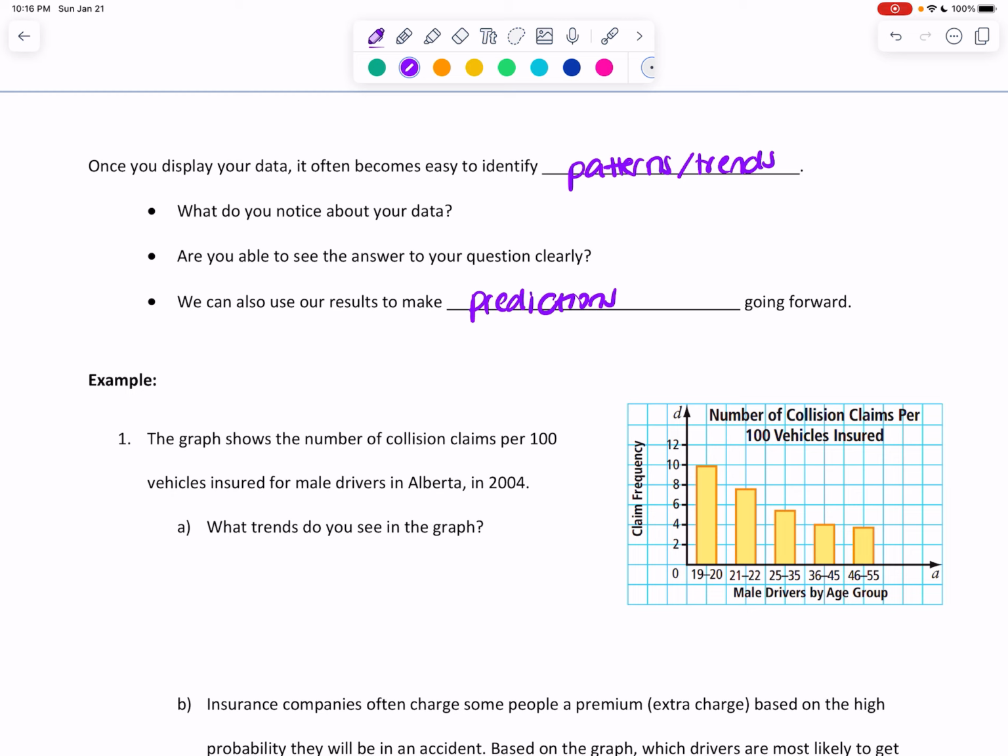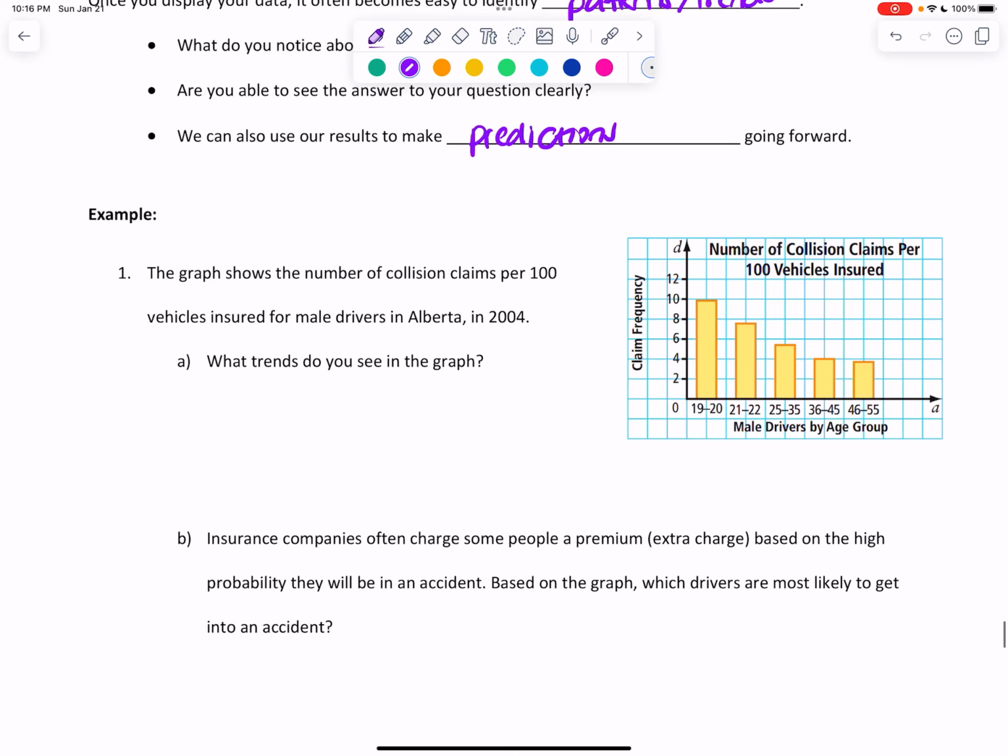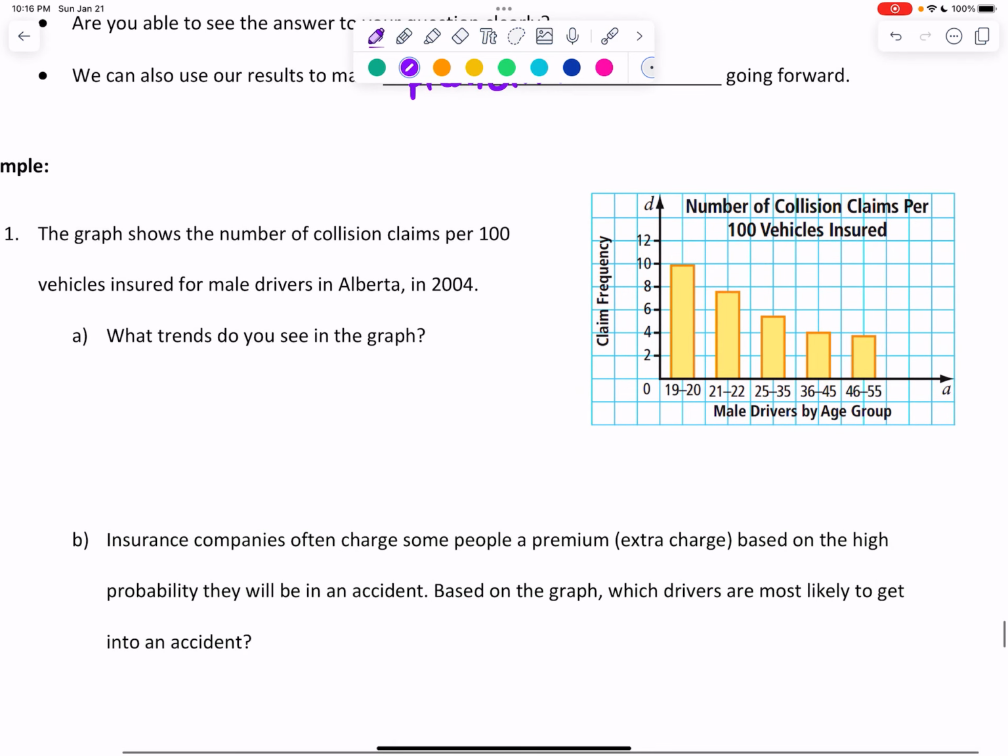A trend is something where, over one variable, maybe over a period of time, maybe over a span of ages or something like that, we see a general direction of the data. So we're going to talk about this particular example here, about a graph that represents the number of collision claims per 100 vehicles insured for male drivers in Alberta in the year 2004.